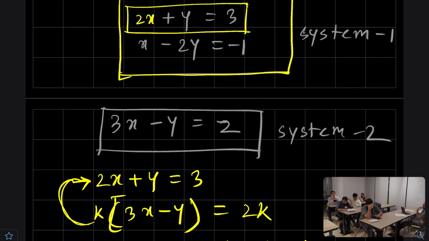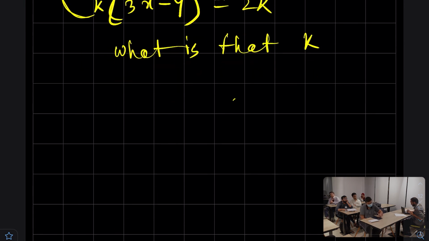Which means that these two systems are not equivalent. When we say that two systems are equivalent, each equation of each system can be written as a linear combination of the equations of the other system, which is not the case here. And for the equivalent system, the case is x1 equals 1 and y1 equals 1.